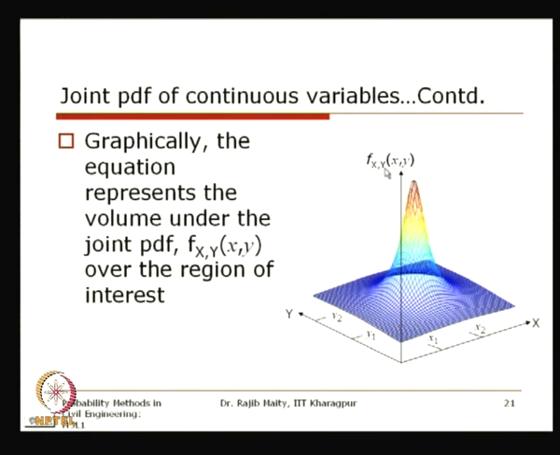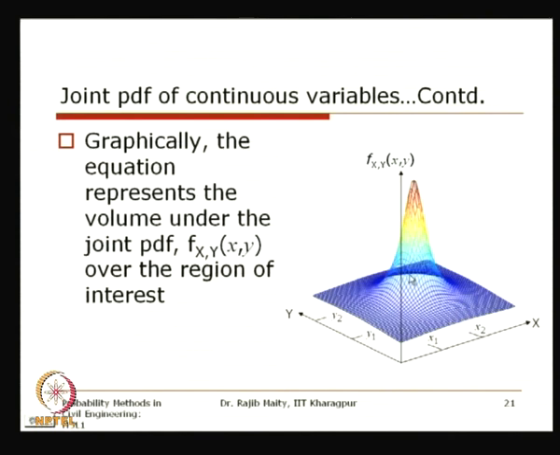So this f(x,y) is now a surface, which is shown here. What we were referring to earlier is a specific range, from x1 to x2 and y1 to y2. If we extend these lines, they will form a rectangle, and over that rectangle we take the entire volume below the surface.